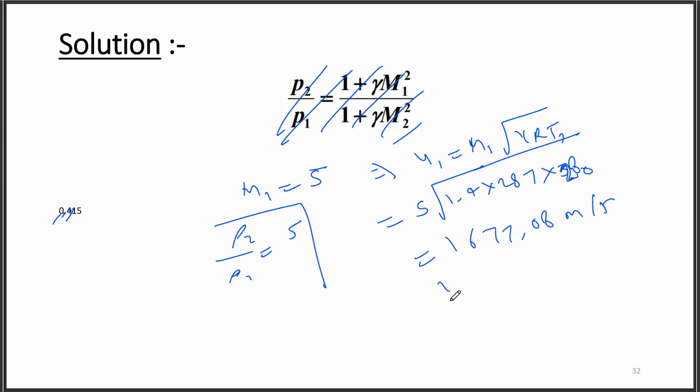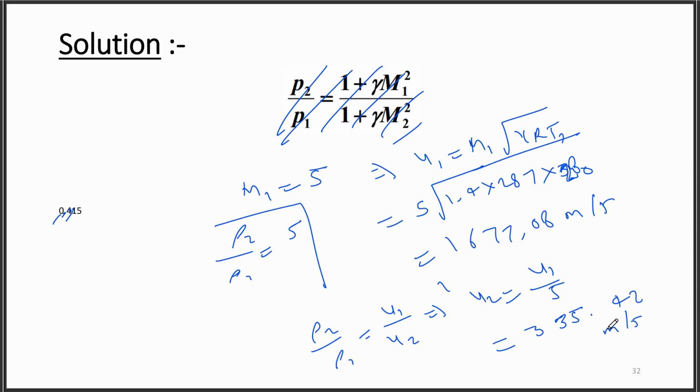This is U1. And from rho2 upon rho1, we know that it is equal to U1 upon U2. So U2 will be equal to U1 upon 5, which is equal to 335.42 meters per second.